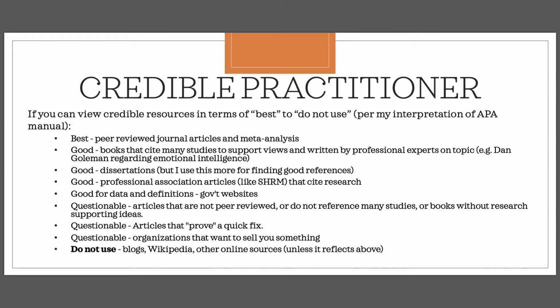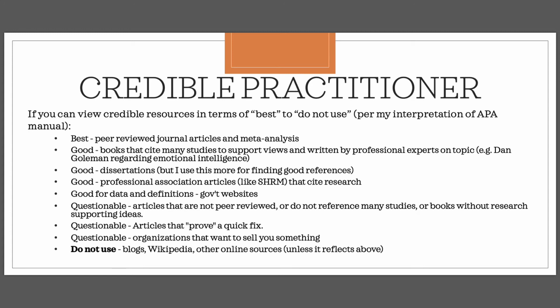In this course, and actually in the whole program, I'm going to recommend that you do not use blogs. Blogs are not a good source. Use them to find the original source that the blog was created from. And then finally, Wikipedia. Wikipedia is never a good reference. Quoting Wikipedia is not a good source.